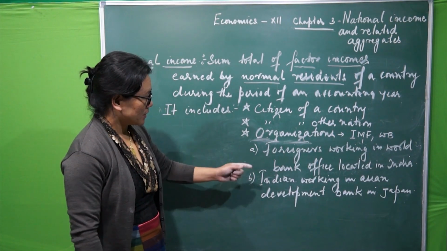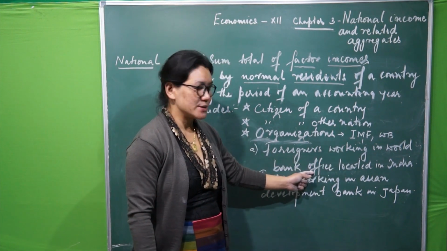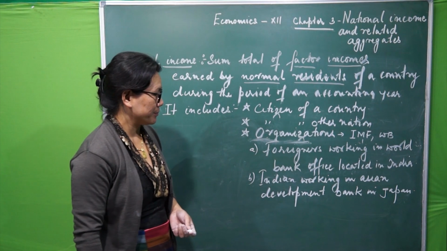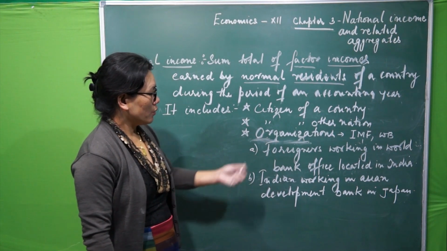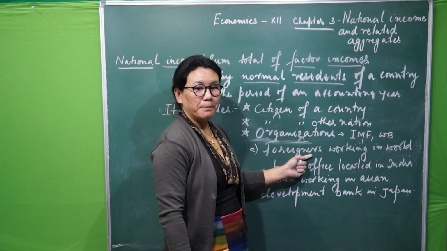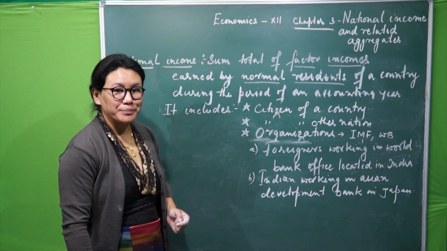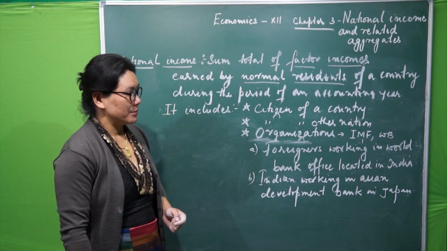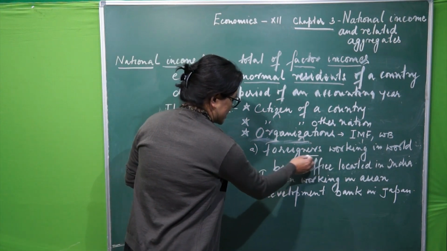Now the second example. See here. A foreigner working in a World Bank office located in India. Now will this foreigner become a normal resident of India? No, right? Why? See here, two conditions.